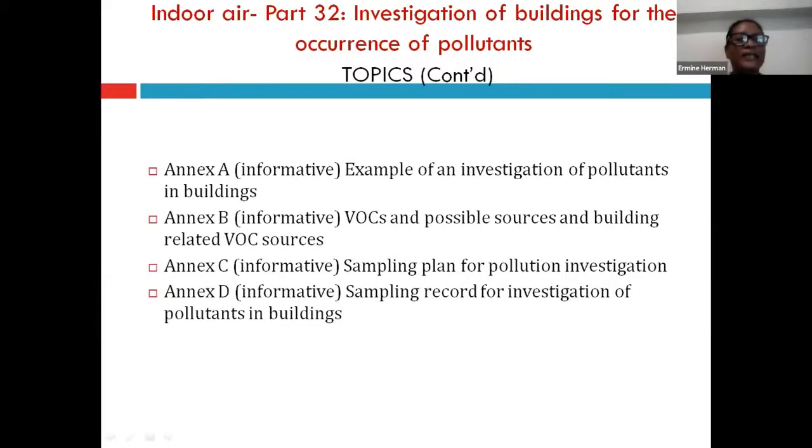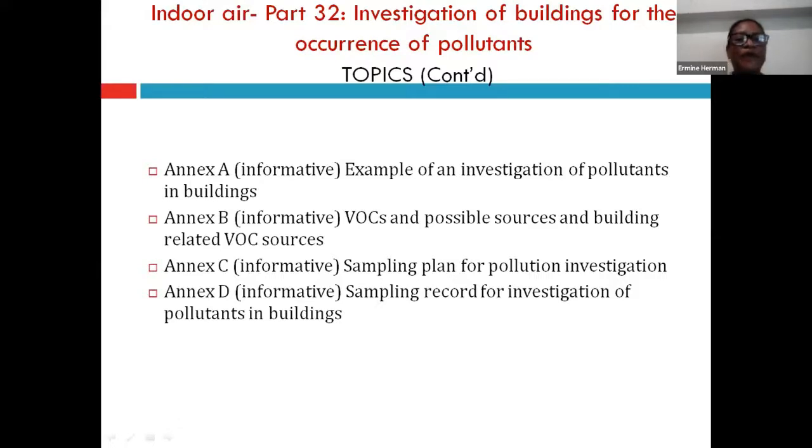The annexes: the example of an investigation of pollutants, the VOCs, which are the volatile organic compounds. These compounds have very low boiling points, so they become easily present in the air, the VOCs and the possible sources, and the building related VOC sources.